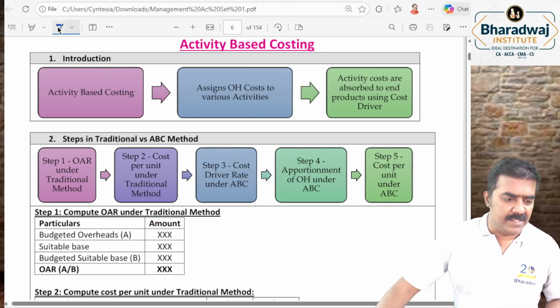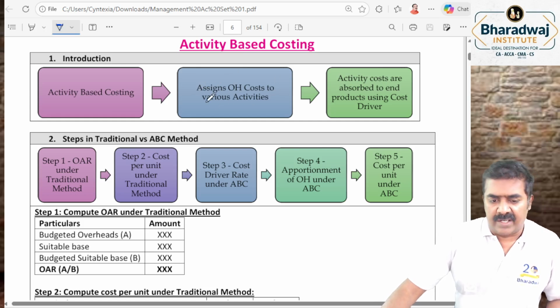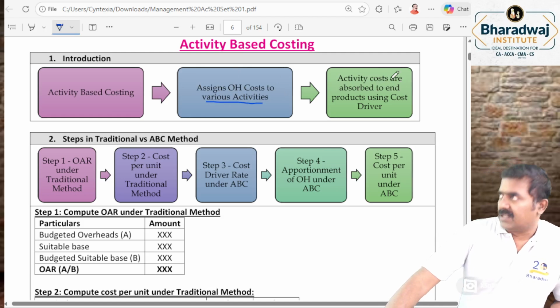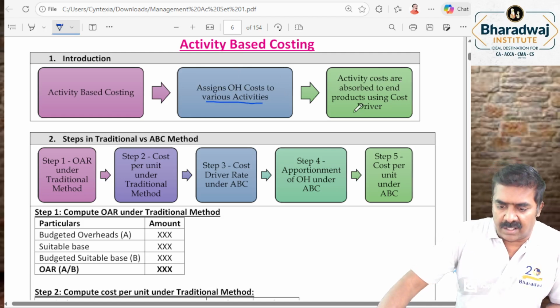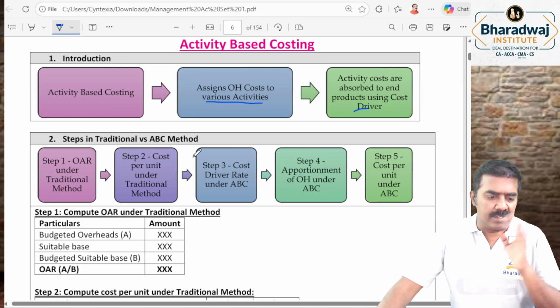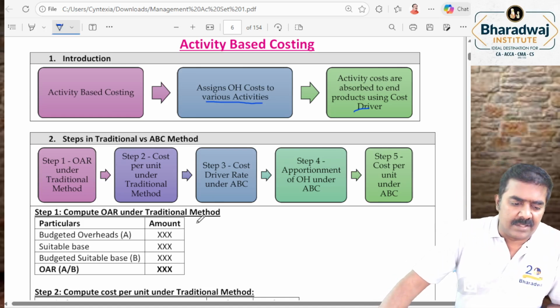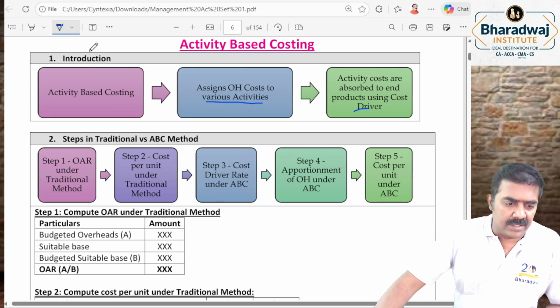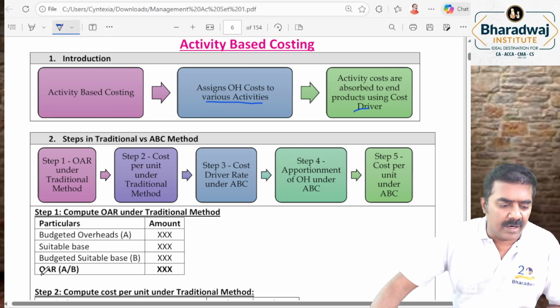This is what we see as activity-based costing. Assign overhead cost to various activities based on the cost driver. We had seen. Pay attention. Under traditional methods, we take budgeted overheads divided by a suitable base, which gives the overhead absorption rate.